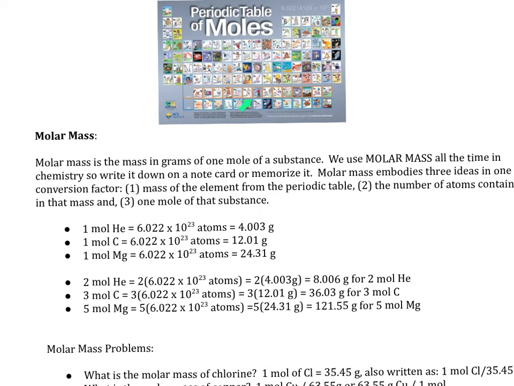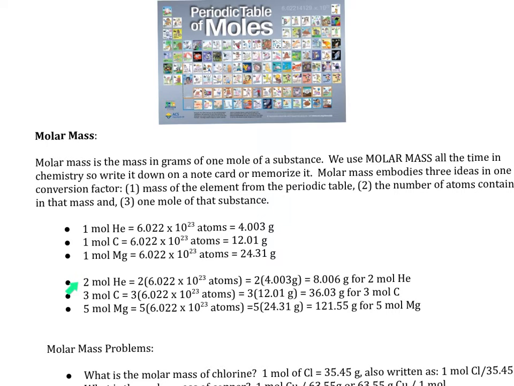So on the periodic table, the mass of each of these elements represents 1 mole of that element. And it makes sense, for example, from helium to carbon, that the mass increased because carbon has more protons and neutrons. So again, 1 mole of each of these elements always equals Avogadro's number, but the mass is different because the masses on the periodic table for each element are different.